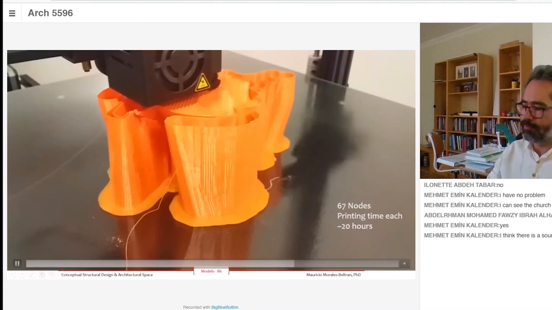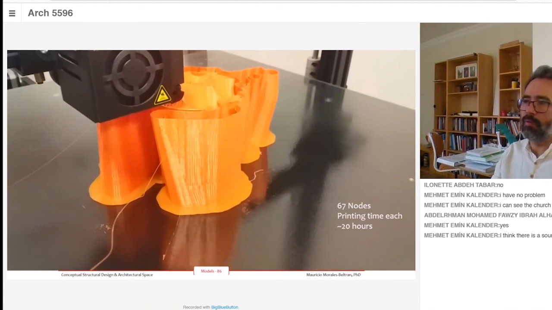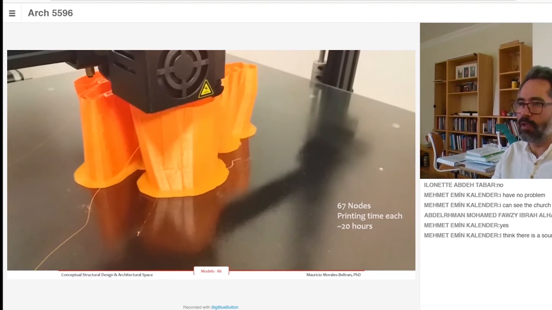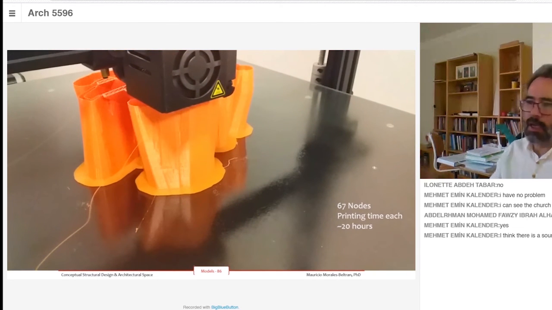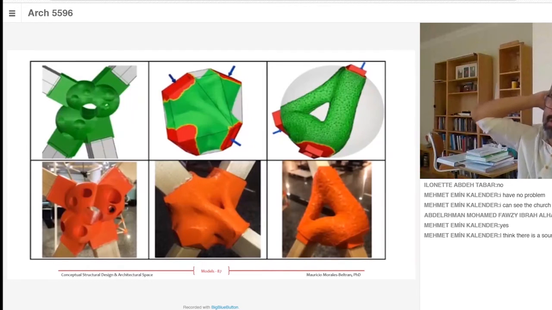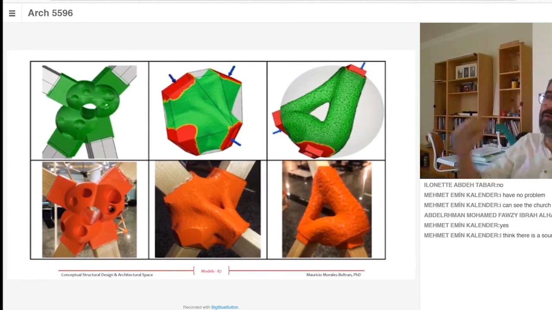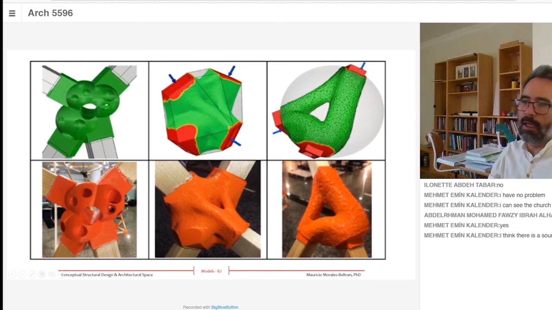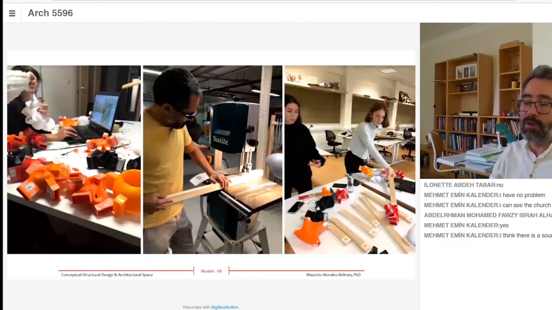Most of the time was spent fixing the printers and the filament. And as I said, at the end there were different types of nodes depending on the students' approach. Some of them liked it more organic, and some of them just started combining stuff. There was a variety of nodes once they were printed.